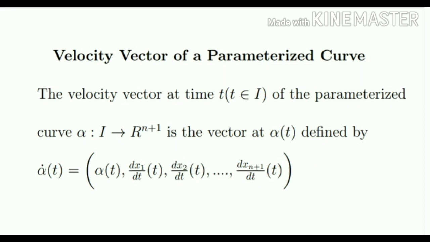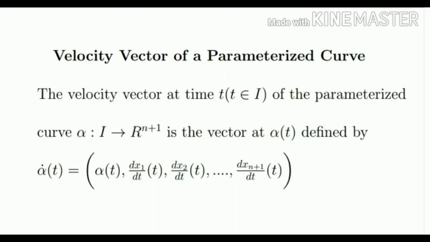Now you know about the smooth vector field, parameterized curve, and the velocity vector of a parameterized curve. Next, we are going to define the integral curve of a smooth vector field.